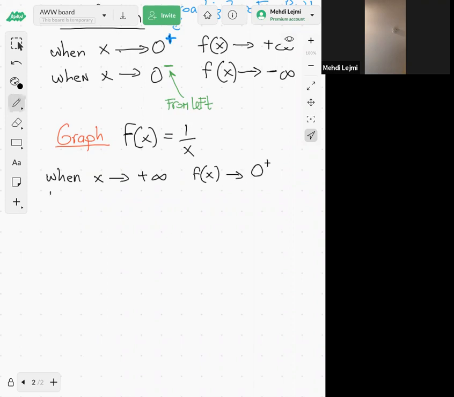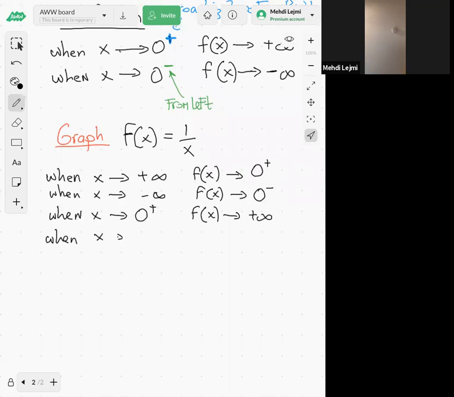When x approaches negative infinity, f of x is going to approach 0 from the left. When x approaches 0 from the right, f of x approaches positive infinity. And when x approaches 0 from the left, f of x is going to approach negative infinity.